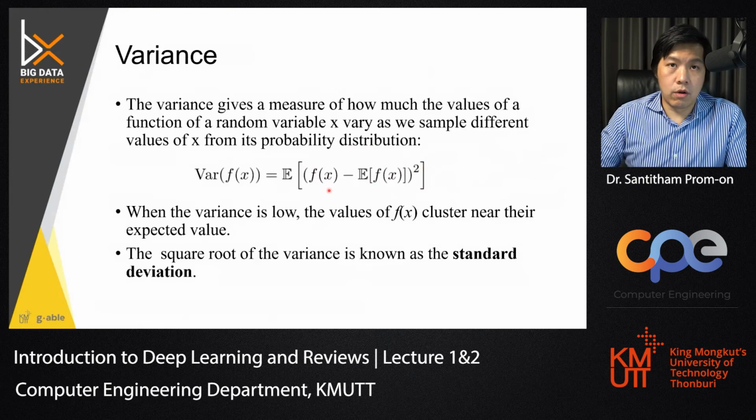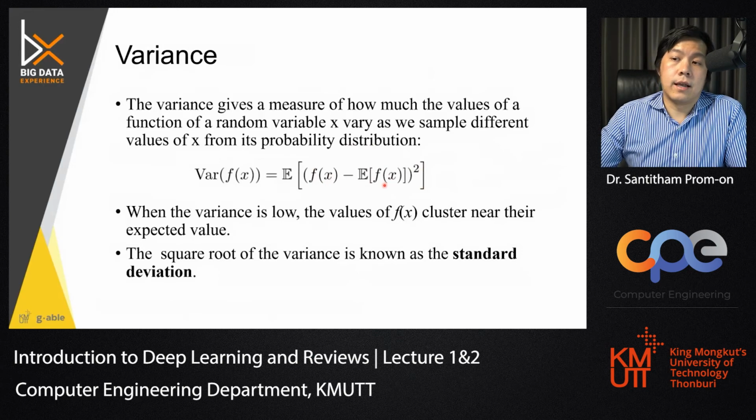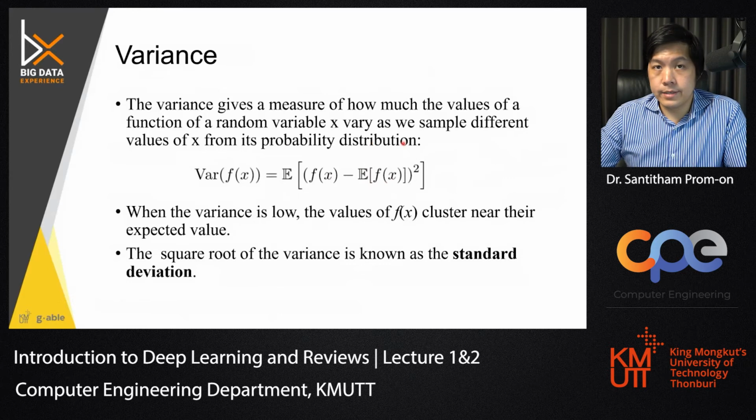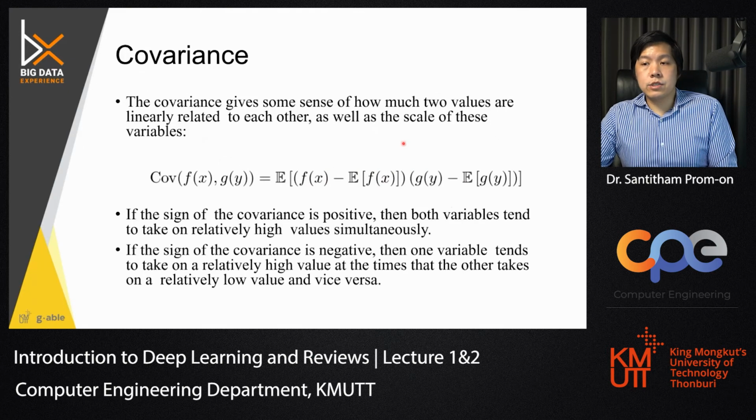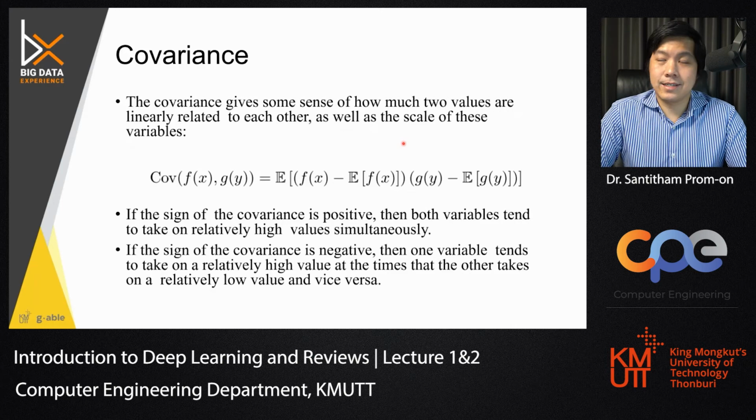If variance is low, it means that f is closer to E, the cluster is tight. If variance is high, then it means that f is farther from the mean. So if you take the square root of variance, then you get the standard deviation as in statistics.